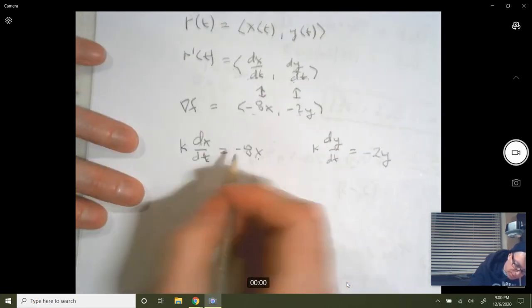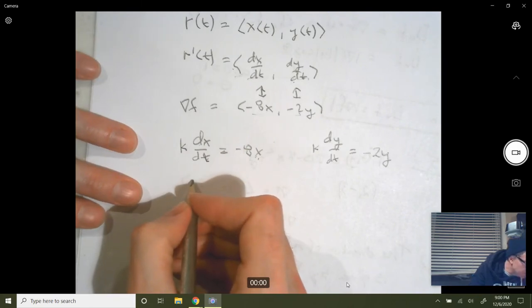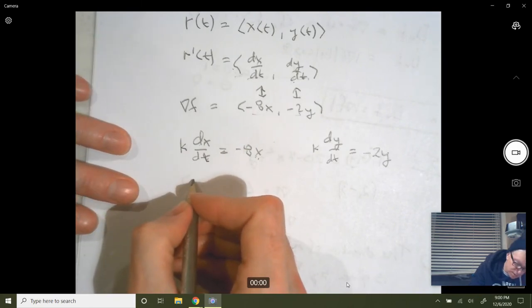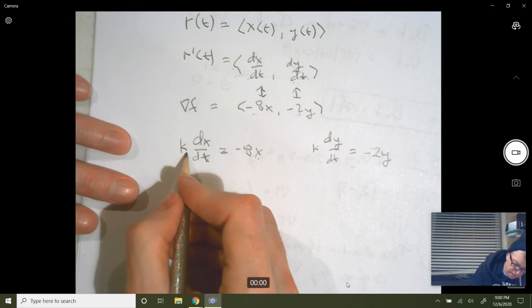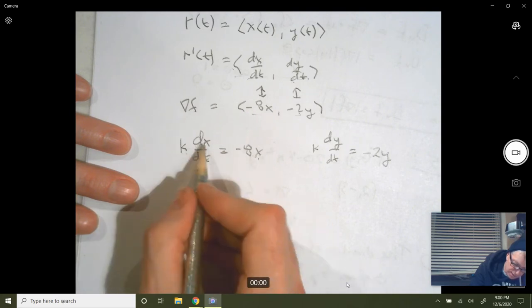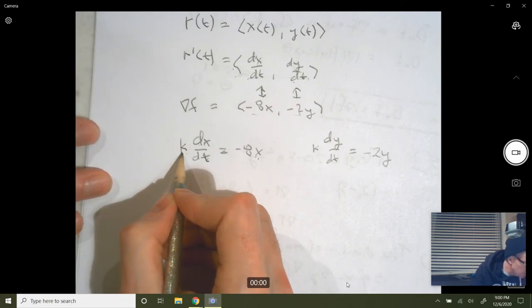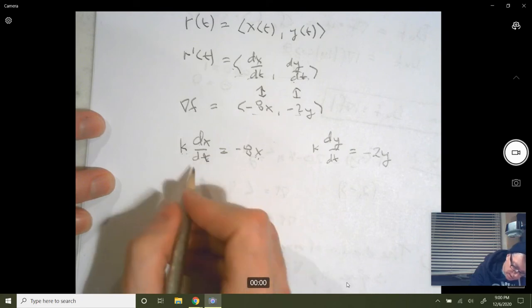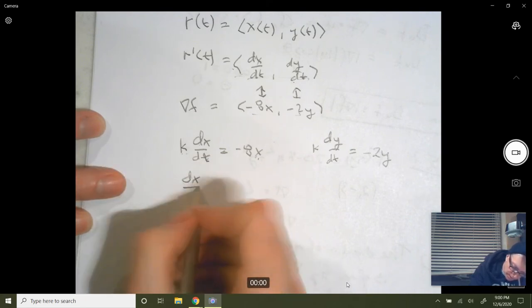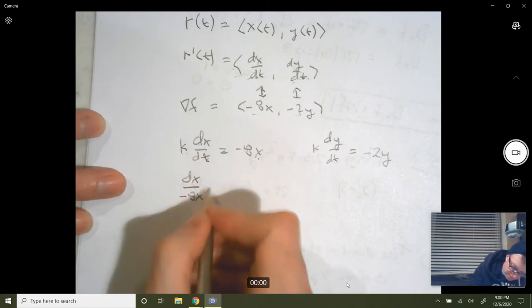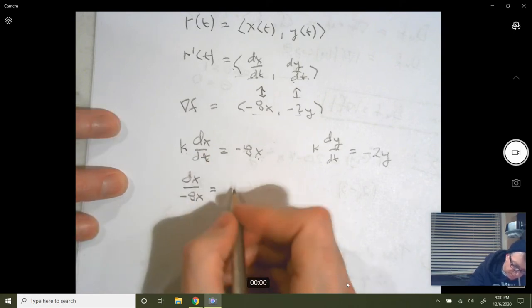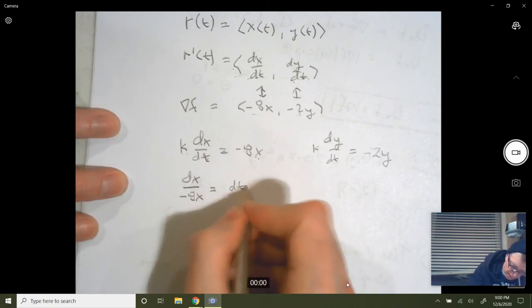Okay, so we've got, let's get the dx we need over here. Let's move this over to the other side. Okay, so the dx over negative 8x is going to be equal to dt over k.